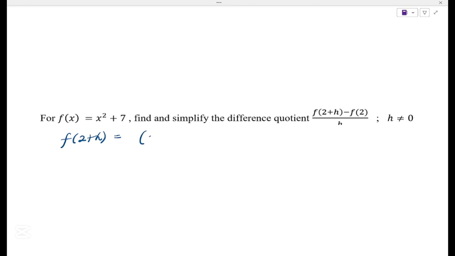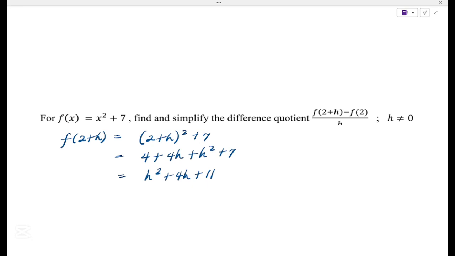So we will have 2 plus h squared plus 7, and then expand this square of 2 plus h into 4 plus 4h plus h squared plus 7. Simplifying this, we will have h squared plus 4h plus 11.